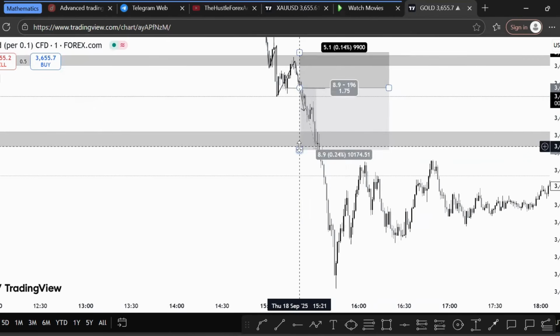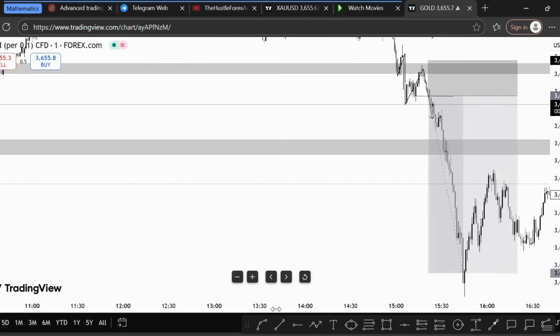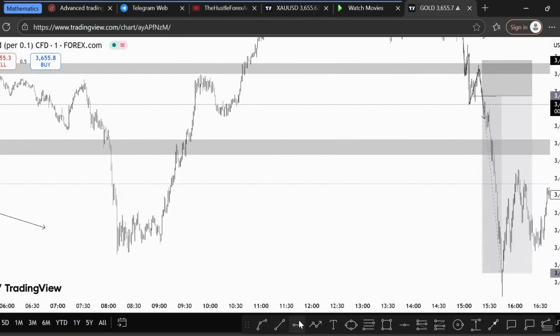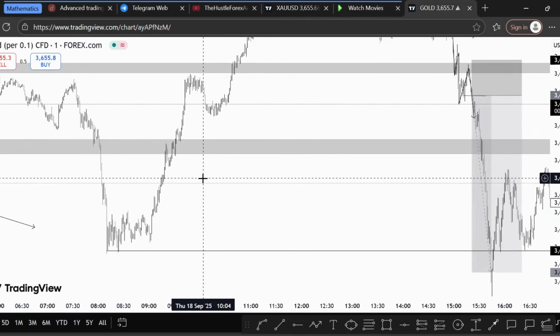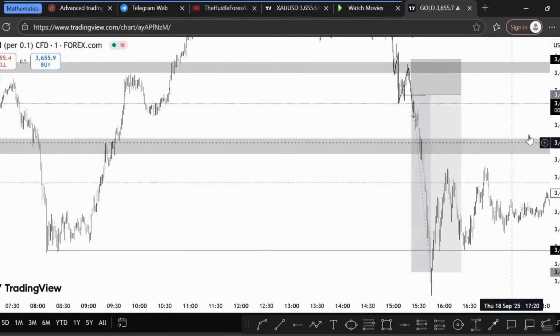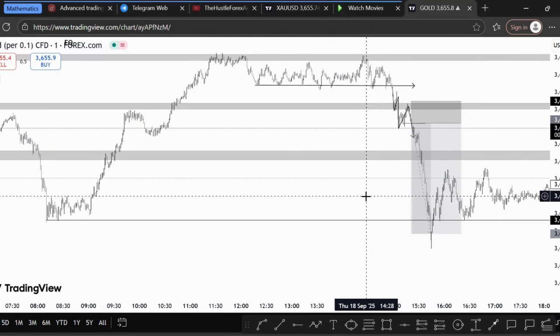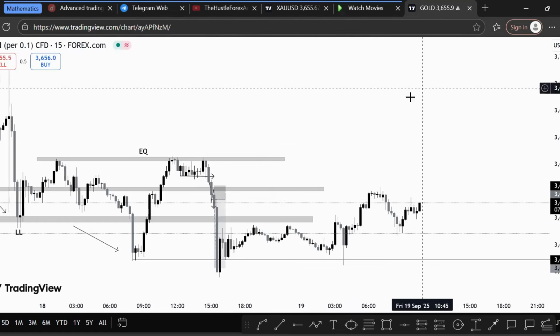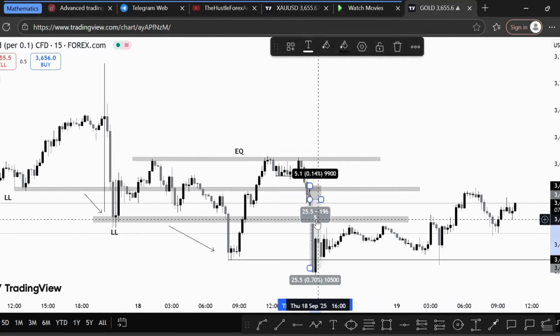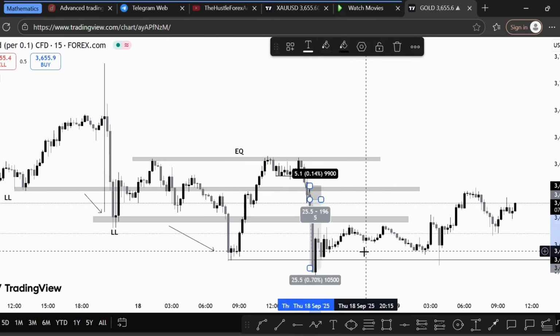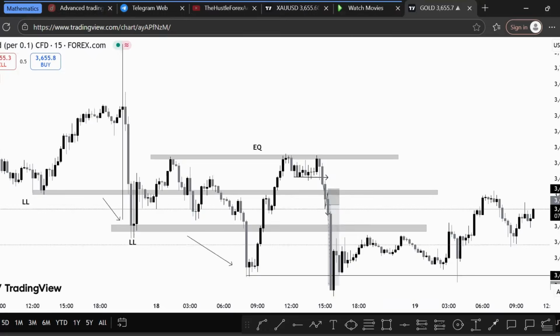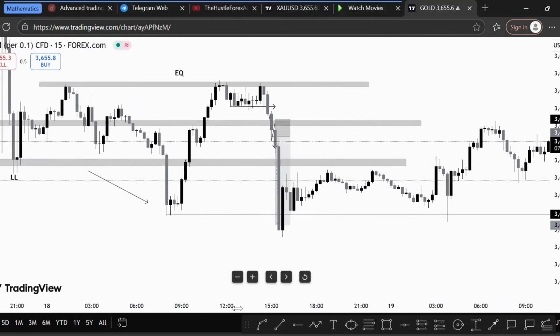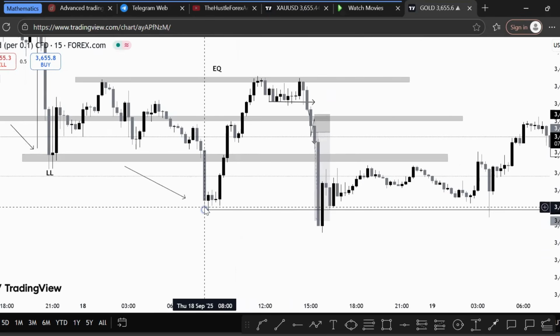And as you can see, you would have aimed for this second indication, right? Now you can go back to the 15 minute and say, look, there's a good 1:5 trade.